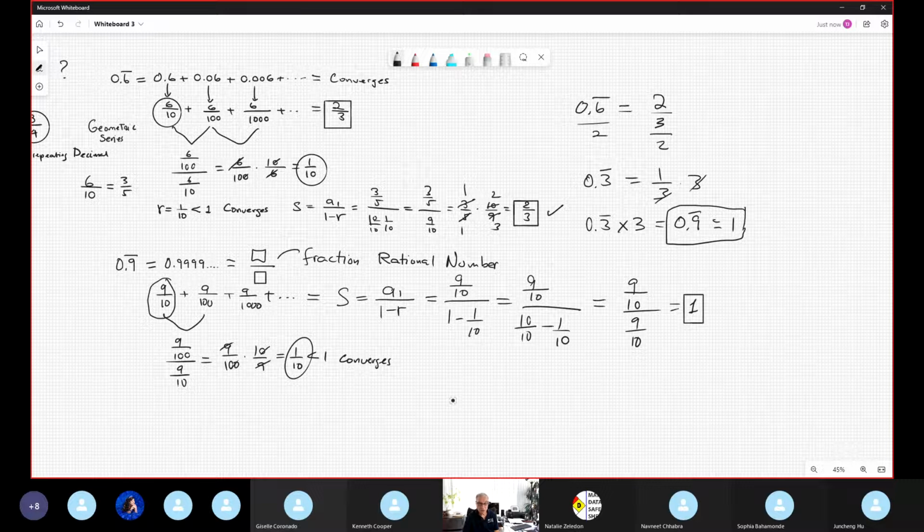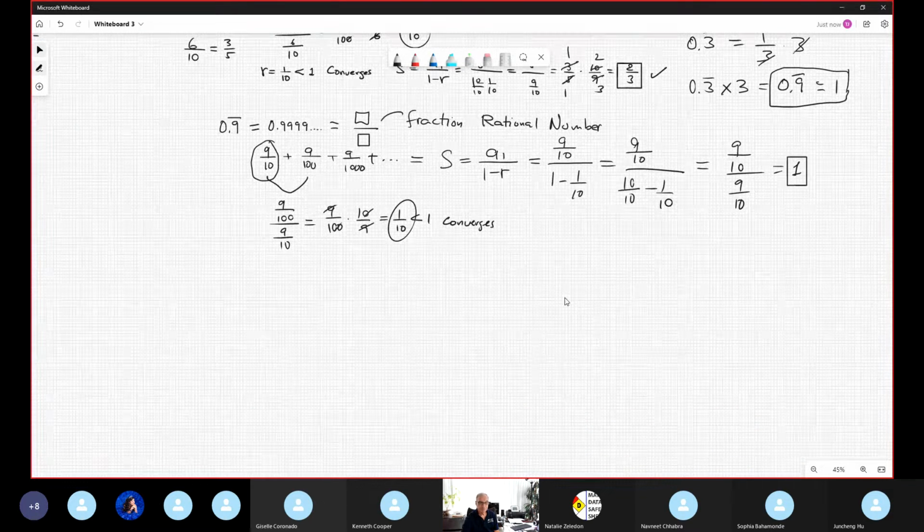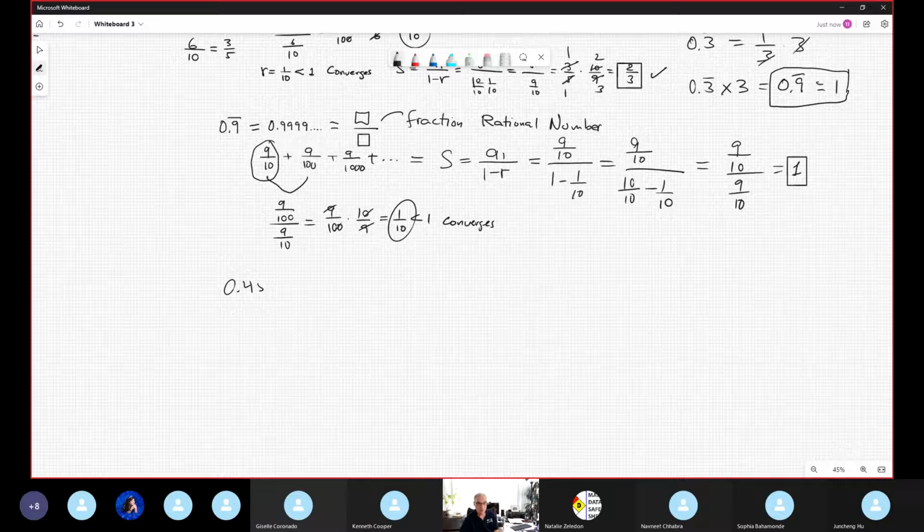Thus I would like to appreciate so much the students who are doing one extra credit problem: suppose 0.45 repeated, and the question is, rational or irrational? It's obvious that the answer is rational. Why?